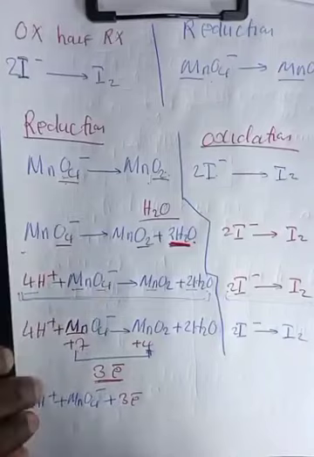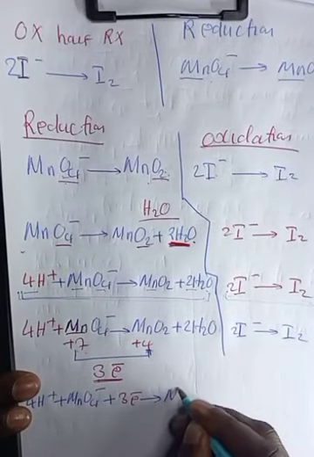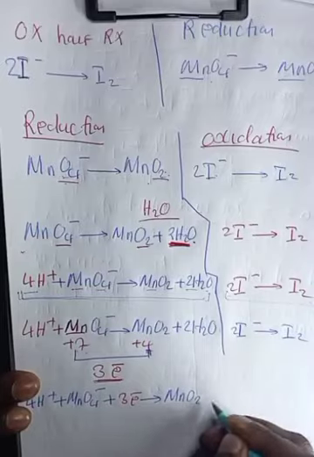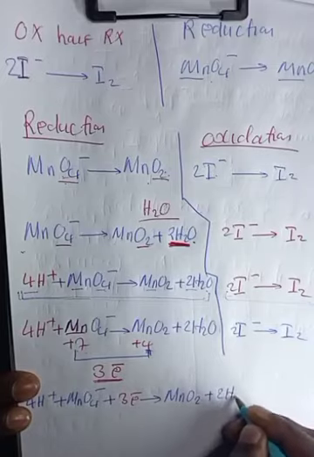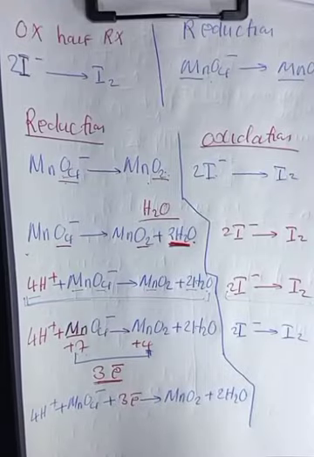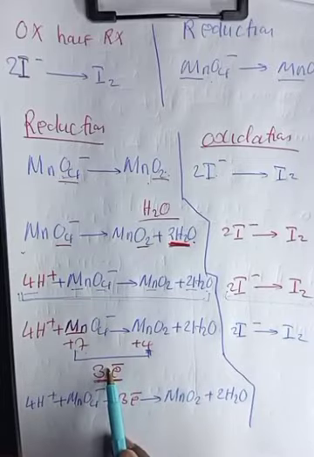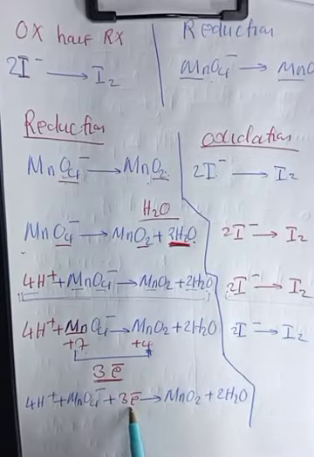It's reduction, so the electrons go to the reactant side. This will give us MnO2 plus 2H2O. Okay. So meaning we have calculated how many electrons were gained and we have added them to the reactant side.